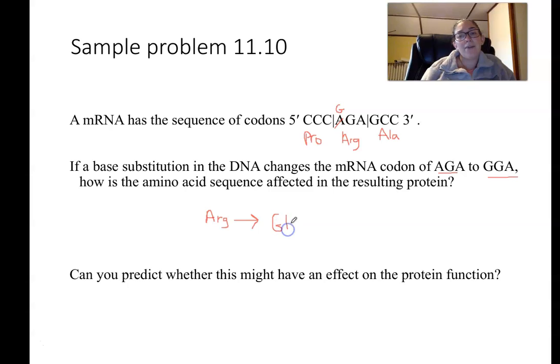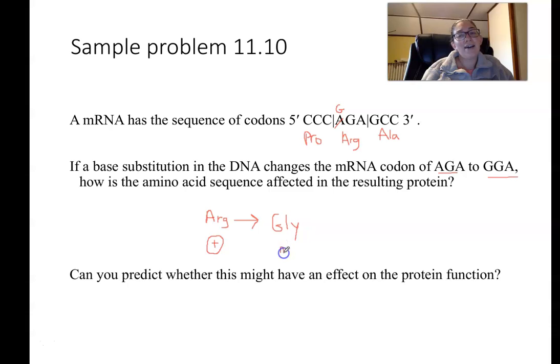All right, that's a problem. So arginine is, if I can remember, I think arginine is a basic amino acid, so it has a positive charge. It's polar and it's positively charged.